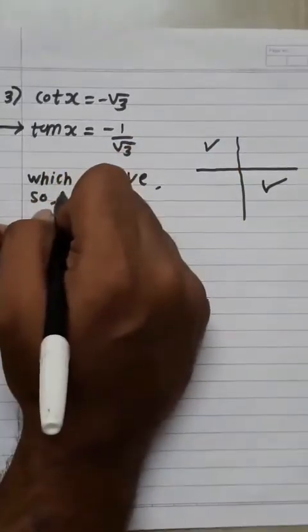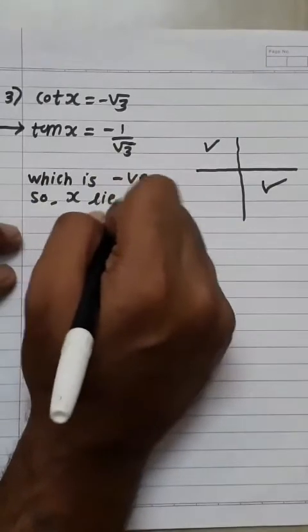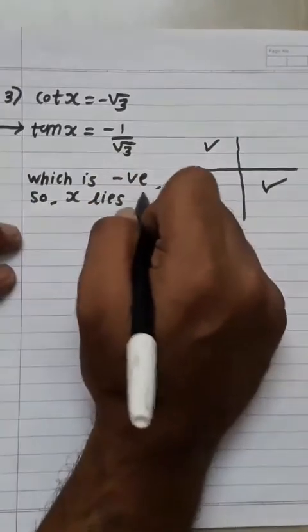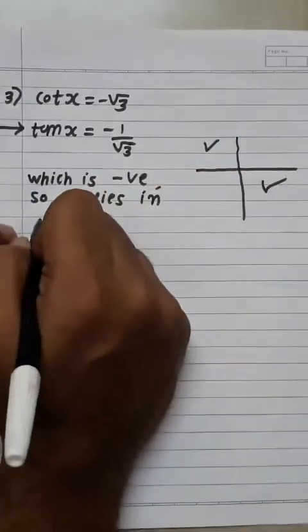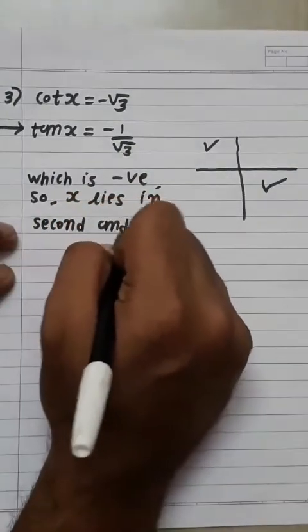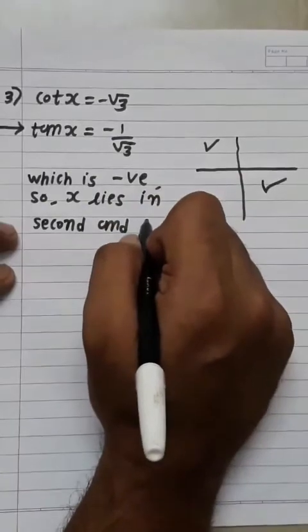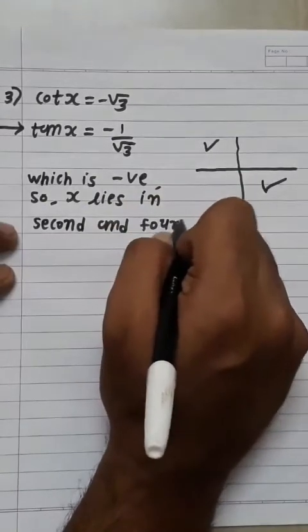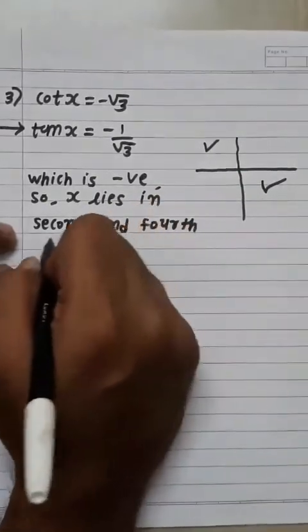So x lies in the second and fourth quadrant.